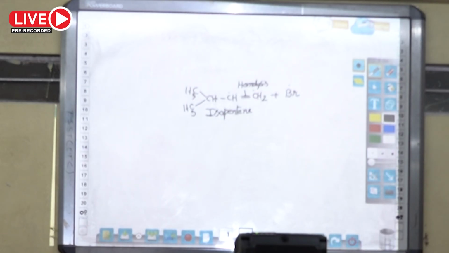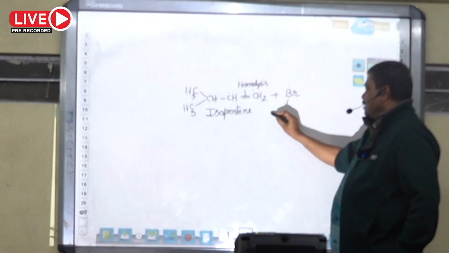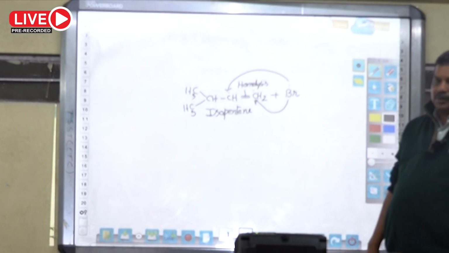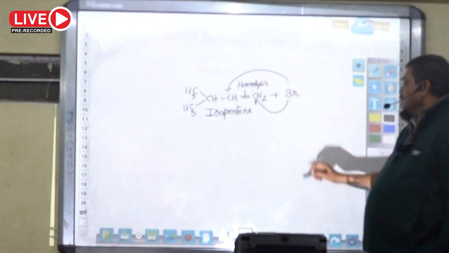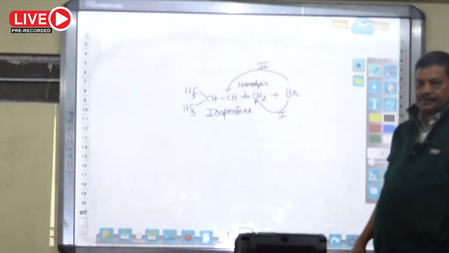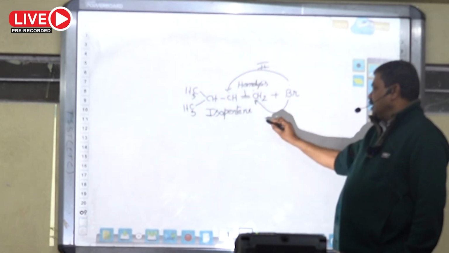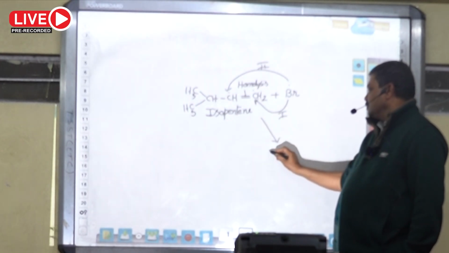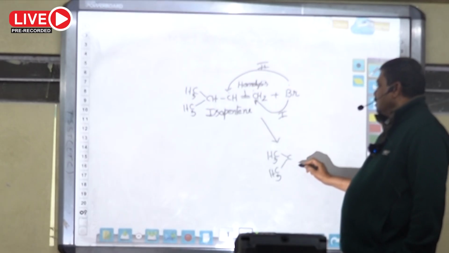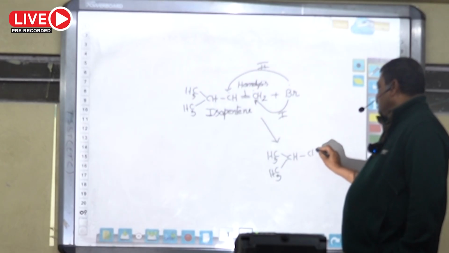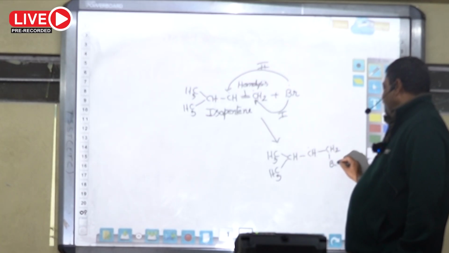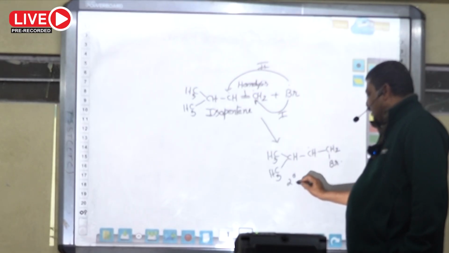Now Br can attack the first carbon, or Br can attack the second carbon. Two possibilities are there. Let us say this is path 1, this is path 2. Suppose if path 1 is followed, CH dot CH2Br, you will get a secondary free radical.